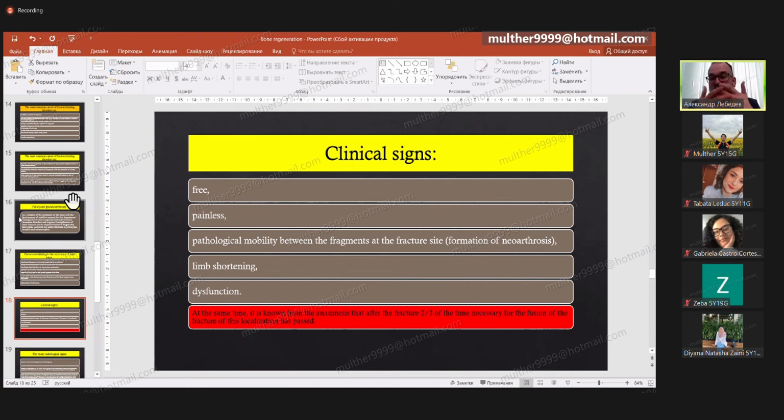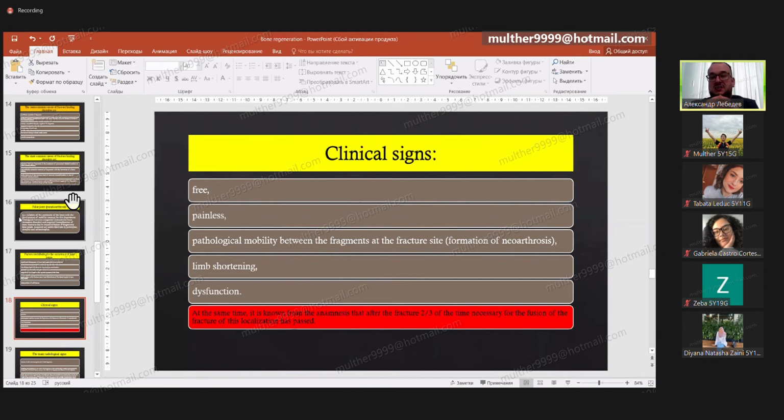But if it's a fresh case, it's so painful for our patient, the patient can't make any micro movement. We have a hematoma, we have high intra-tissue pressure, that's why it's so painful for our patient. This situation happened after 9 months of the injury.